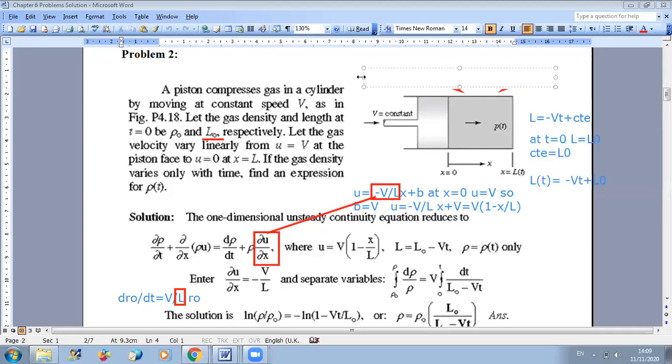Velocity is the rate of change of length, right? dx over dt, so velocity by definition is the slope of variation of length with respect to time. Since v is constant, the length will vary in a linear way. It's linear because v is constant.